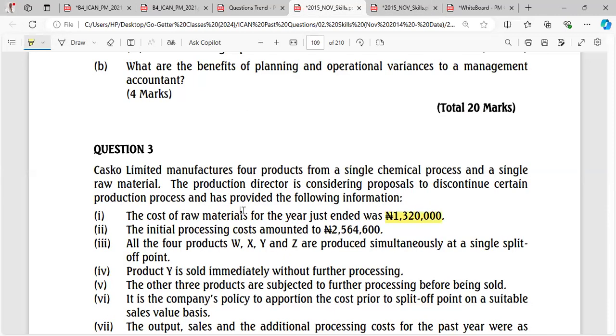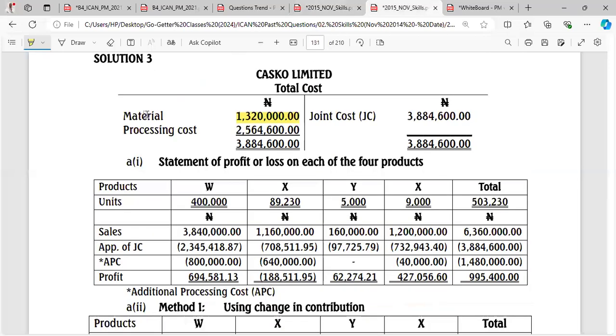Then we have the initial processing cost, which is this. That's what we have here. So these are the two costs, material cost and processing cost, which is conversion cost. When you add them together, you are getting this. And of course, your two accounts must be balanced. So it means that this material cost and the processing cost add together to give you a joint cost. So this is your joint cost.